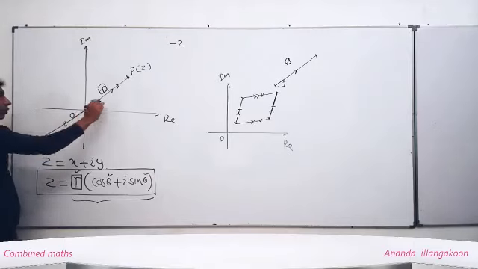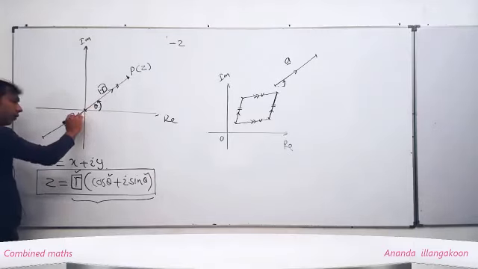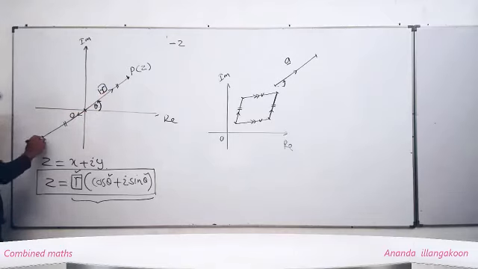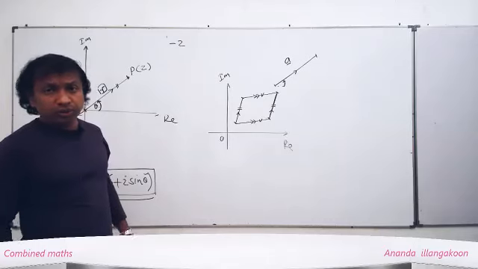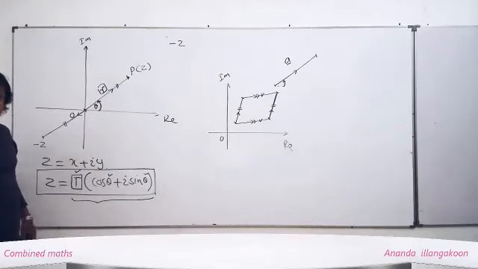These two are equal and the arrowhead is now pointing this way. Then at the end of this line segment we have the negative complex number minus Z. That is how we find the negative complex number on the Argand plane.